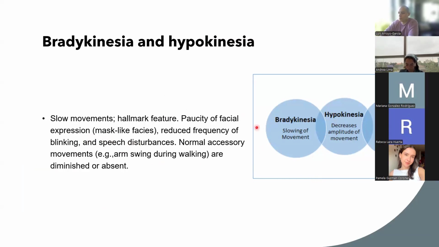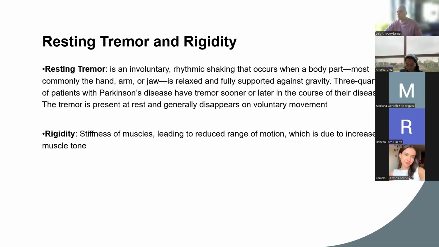There are reduced facial expressions, reduced frequency of blinking, speech disturbances, and normal accessory movements like arm swinging during walking are absent after a while. Bradykinesia is a slowing of movement, hypokinesia is a decrease of the amplitude of movement, and akinesia is the lack of movement at all.